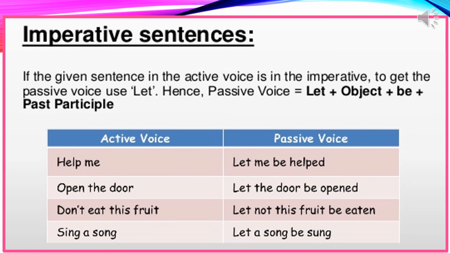So each type of imperative sentence we are converting into passive voice in different ways. If it is a request, you can start with you are requested to, then use the V1 form of the verb and then you can complete the sentence. If it is an advice, you can use you are advised to, then use the V1 form of the verb and then you can complete the sentence there.